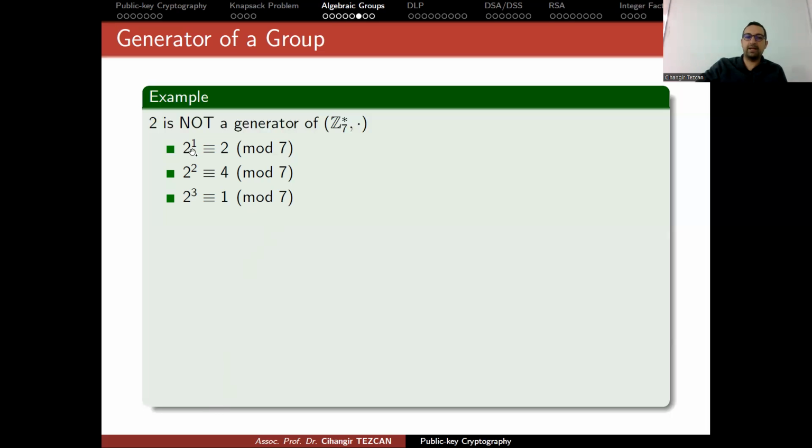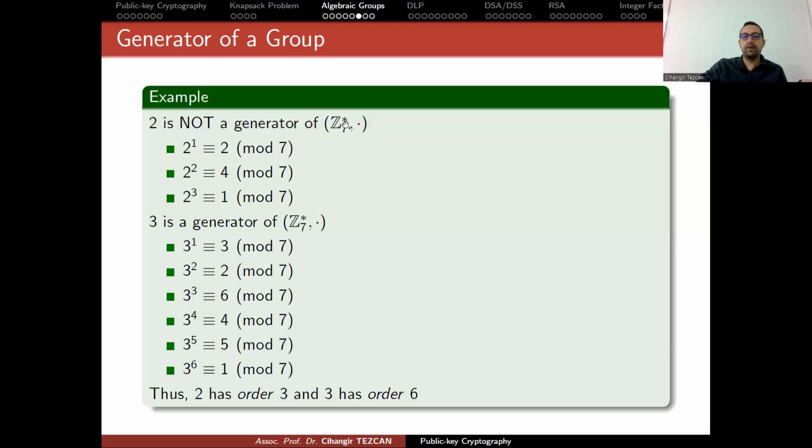But the problem is that I'm saying this is not a generator because a generator should generate all of the elements in the set, in the group, but it does not. So let's give an example of a generator. I'm saying that 3 is a generator for this group. So let's start and see that, starting with the first power to the 6th power, you realize that I'm actually generating every element in this group. So 3 is a generator.